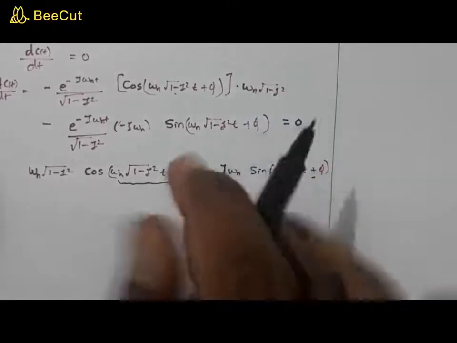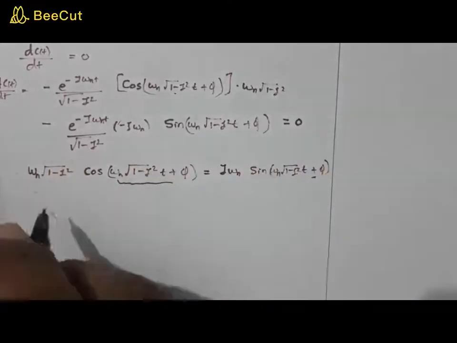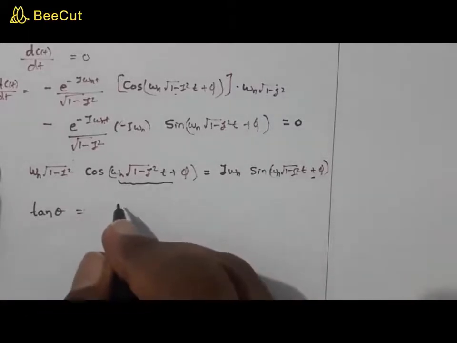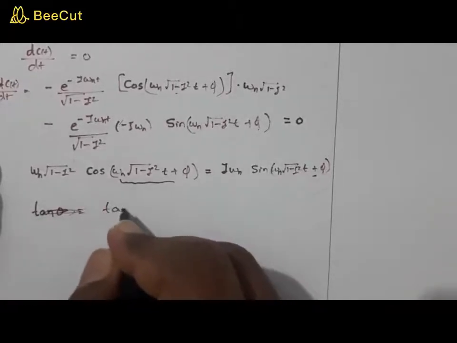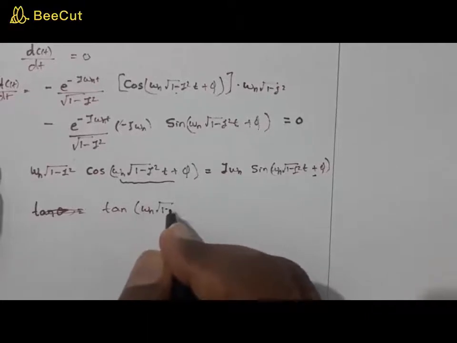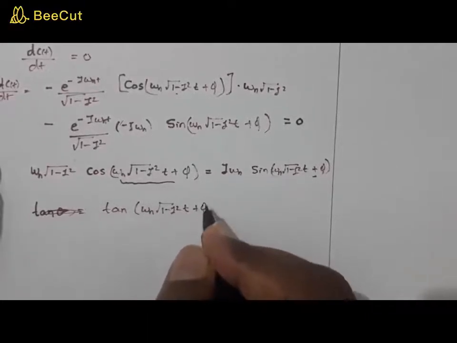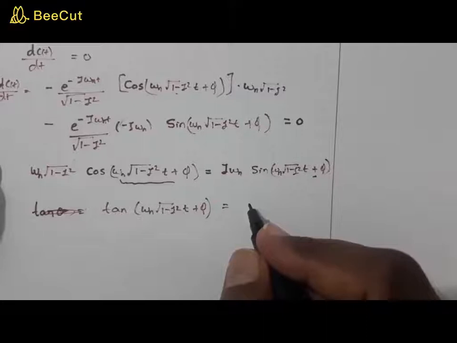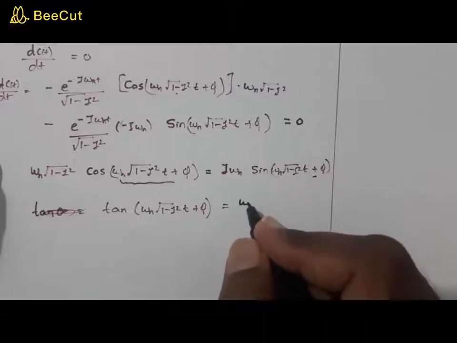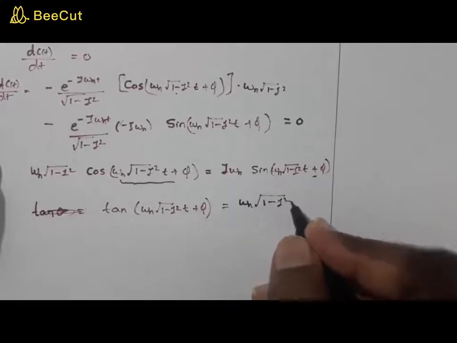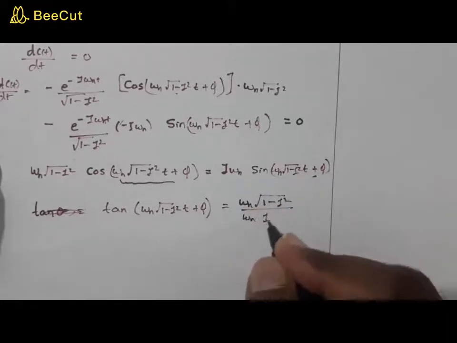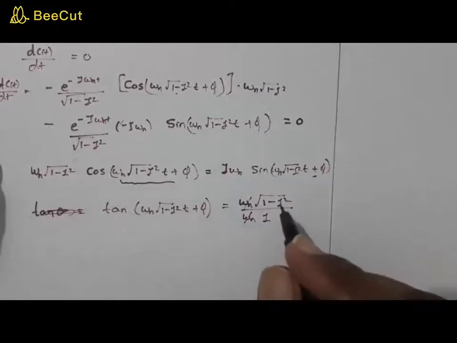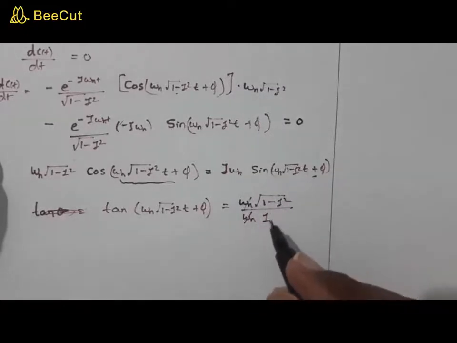So you can bring the cos down to the sine, and you will get tan of omega n root of 1 minus zeta squared t plus phi is equal to omega n root of 1 minus zeta squared divided by omega n zeta. The omega n cancels, so you get root of 1 minus zeta squared by zeta.